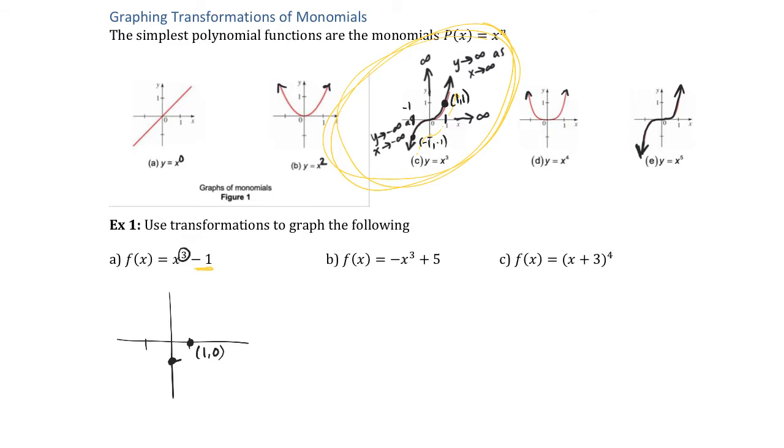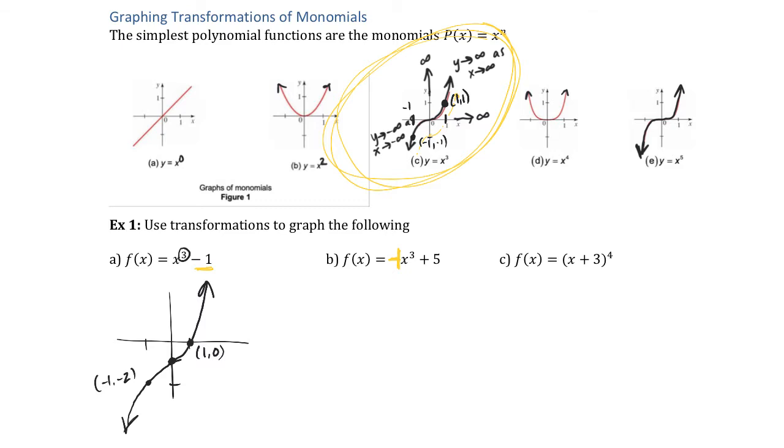So that will have also slid down. We subtract 1 more from the output, so we'd be down at negative 2. And then our graph has that general shape.